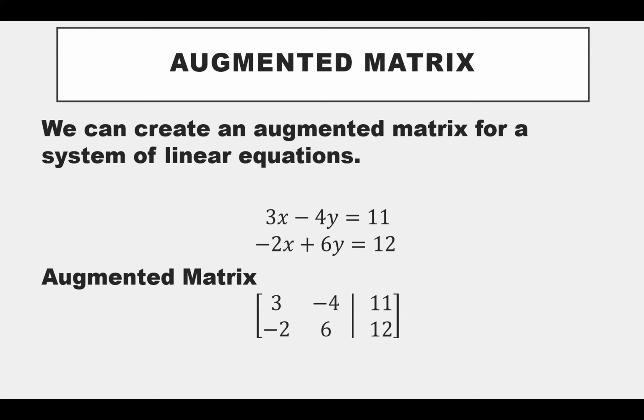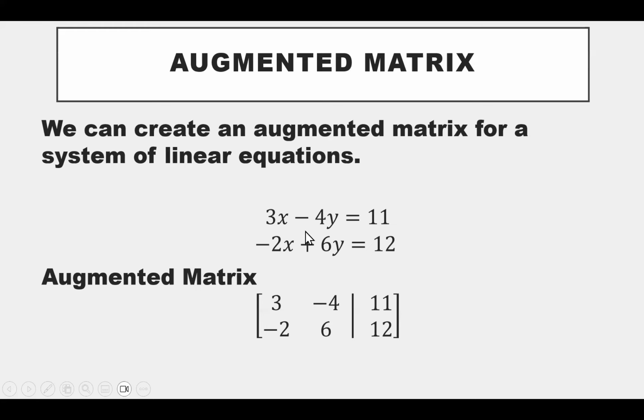So we start out by creating an augmented matrix for a system of linear equations. When we create an augmented matrix, we're going to make sure our equations are lined up in the following way. Just like when we dealt with the elimination method, we'll have our x terms in line, our y terms in line, then equal signs, and on the right-hand side of the equal sign, our constants.